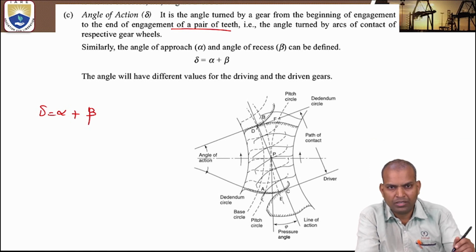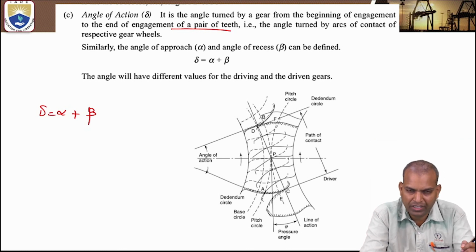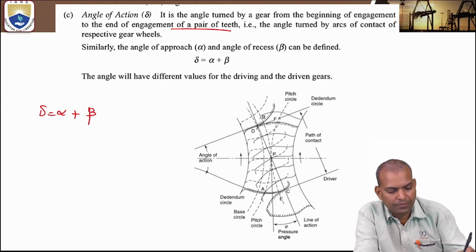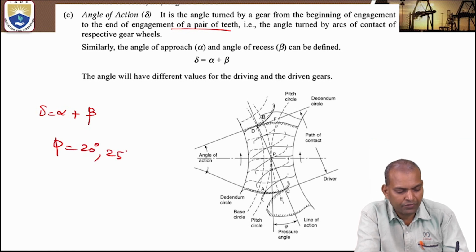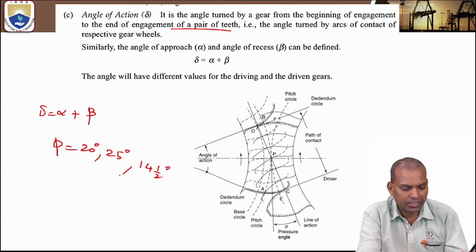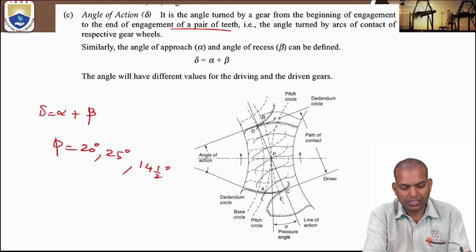There is a chance of damage to the gears. That means pressure on the wheels becomes high. The standard pressure angles are 20 degrees, 25 degrees, and also 14.5 degrees. So these are the optimum pressure angles.